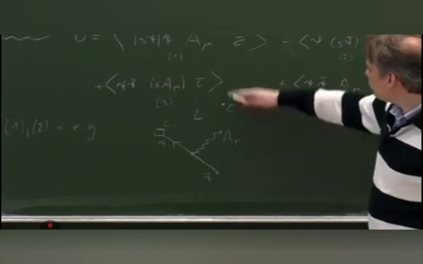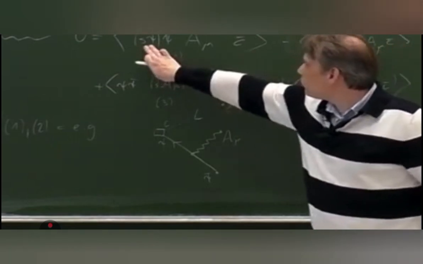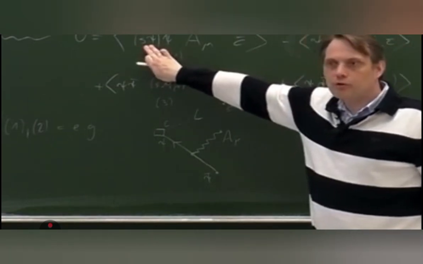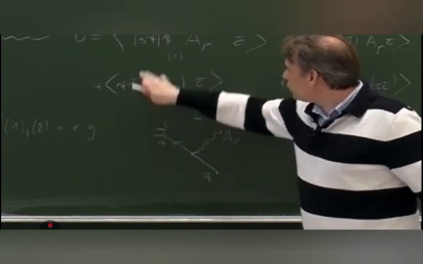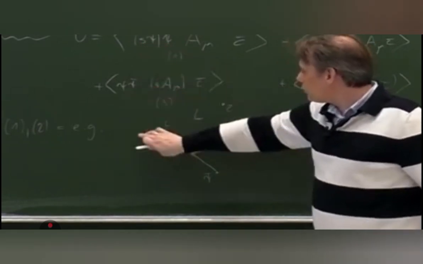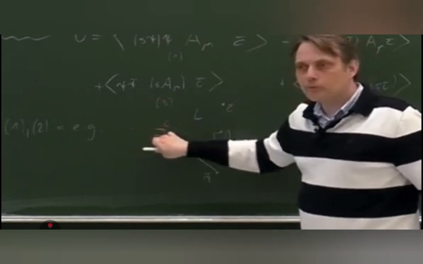If we go on shell and amputate, then we would need to multiply with the inverse propagator for psi, which means we need here a pole in the momentum of psi. There is no pole in the momentum of psi because there is no line corresponding to psi alone.